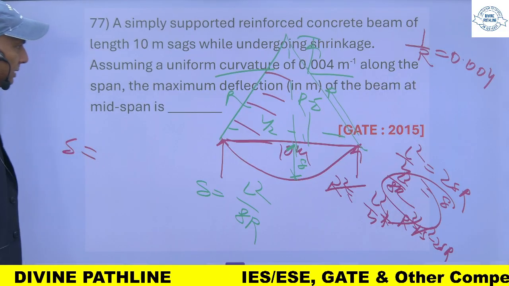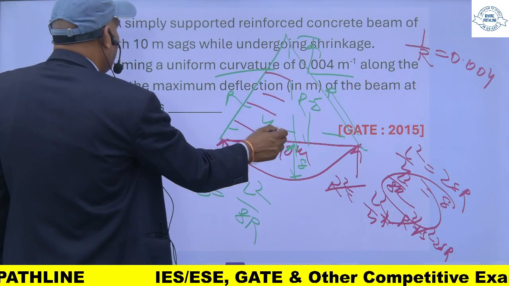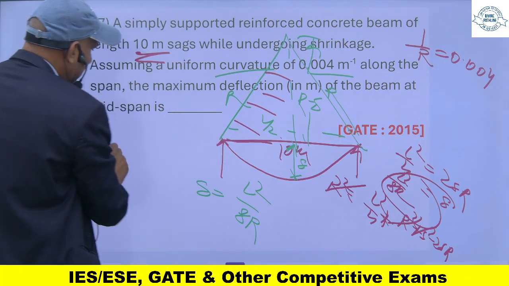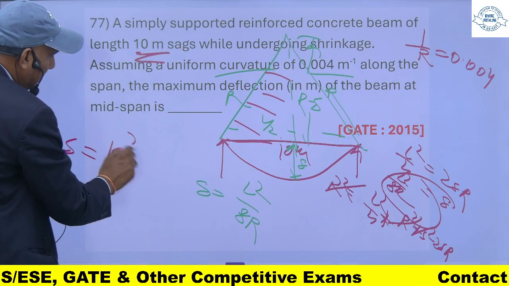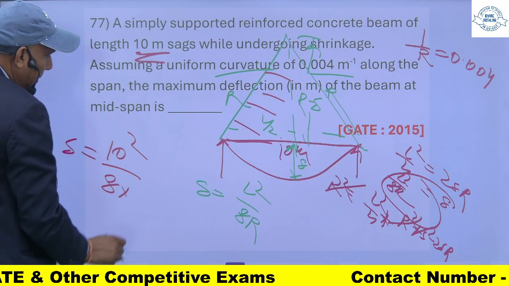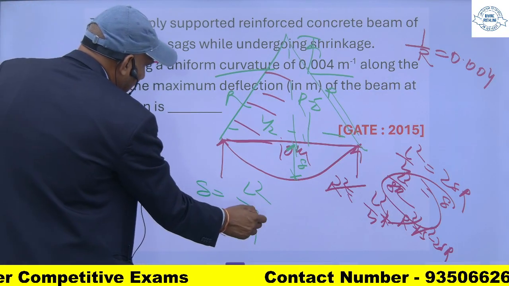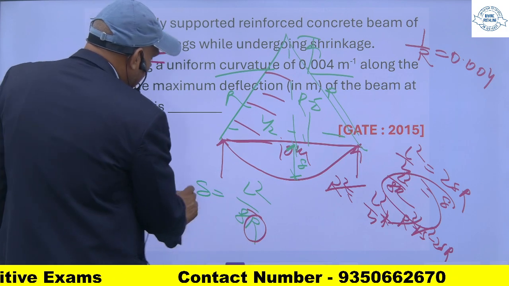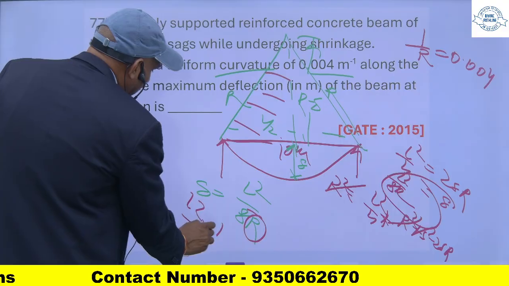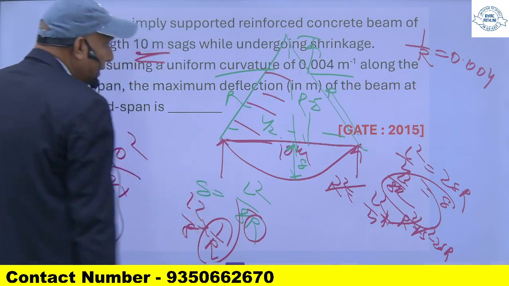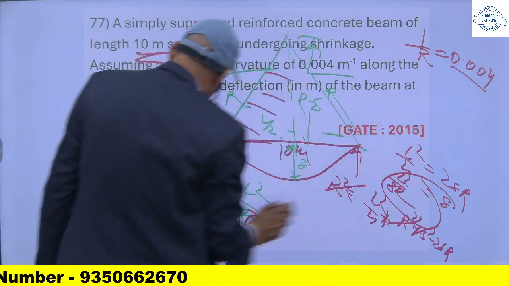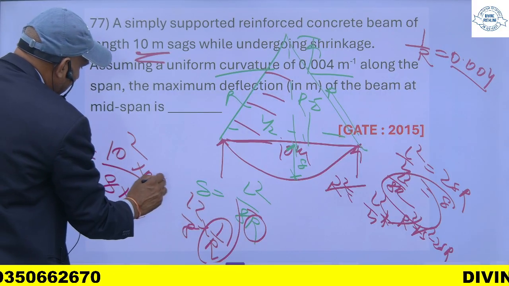So L is how much? This is 10 meter, the length, 10 square upon 8, and this is R. So this is basically L square upon 8 into 1 upon R. 1 upon R is the curvature, and this 1 upon R is this one. So I will multiply this by 4.